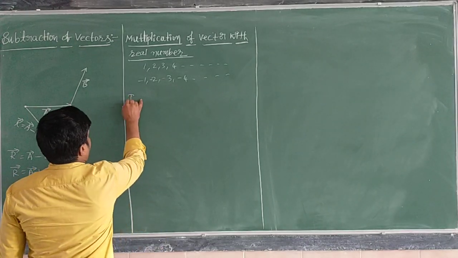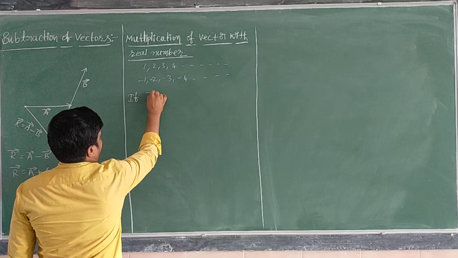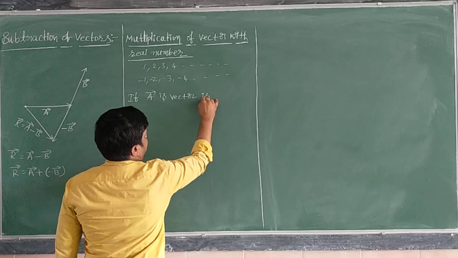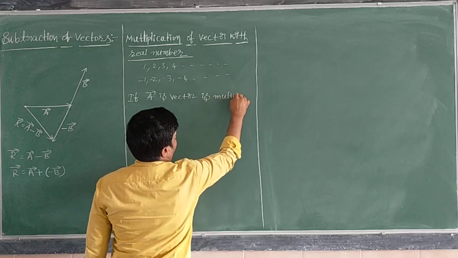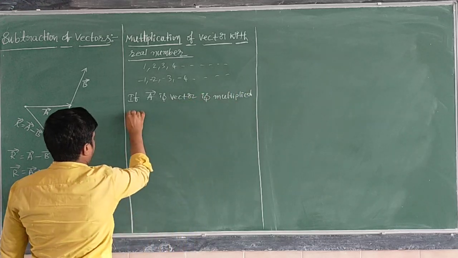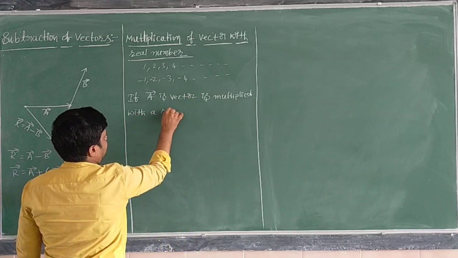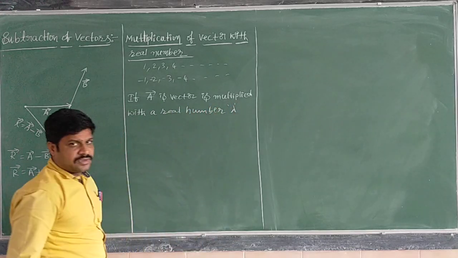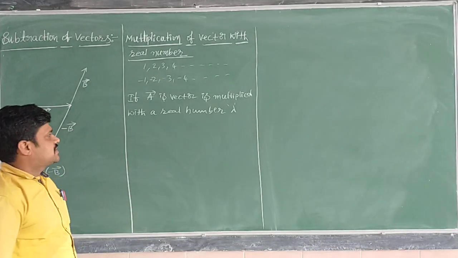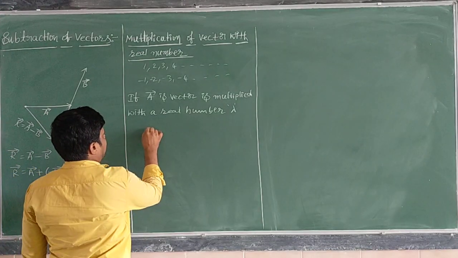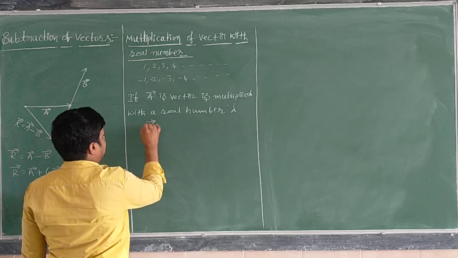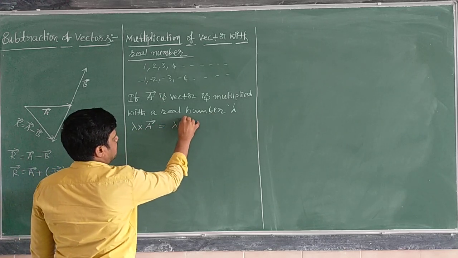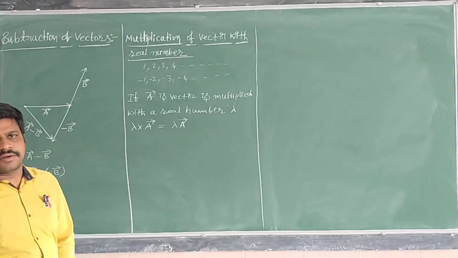For example, if you take a bar as a vector multiplied with a real number lambda, then this one becomes lambda a bar.